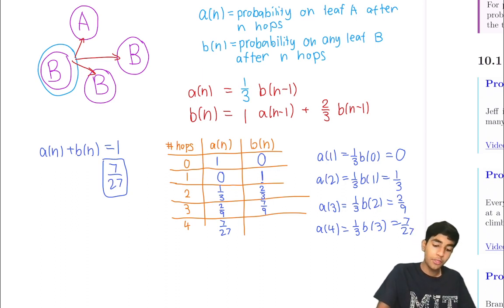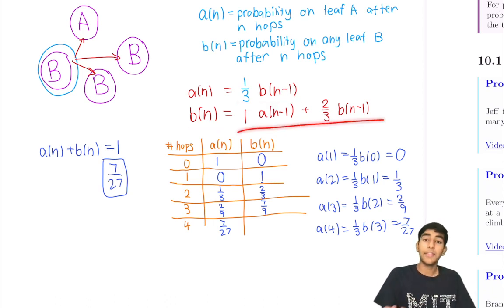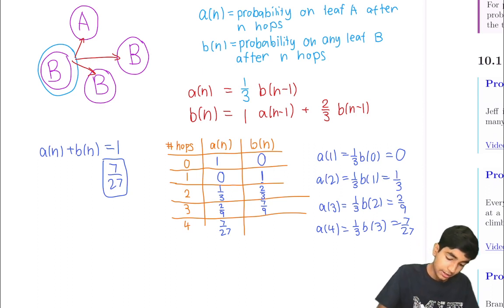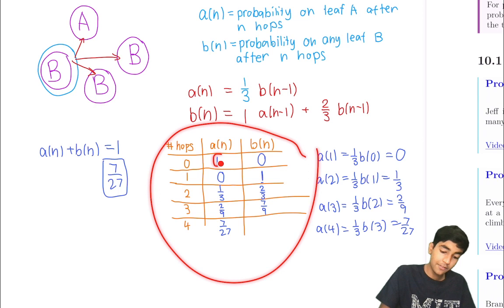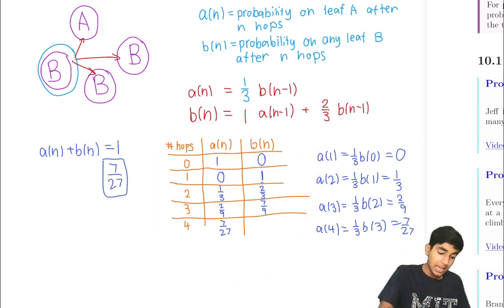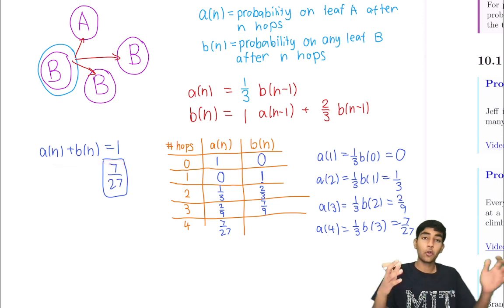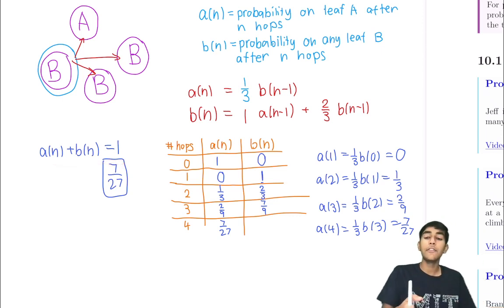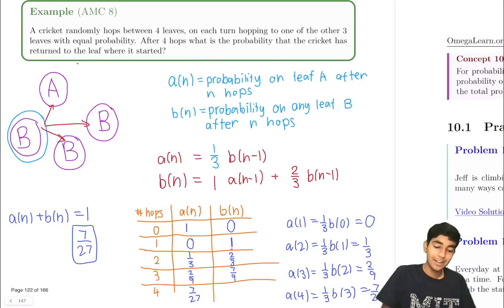And even then, there's a 1/3 chance. So we came up with this. And for B, we also came up with the recursion by similar methods, but we didn't end up using it. And then we constructed a table and just plugged in the values and iteratively calculated them, and we kept in mind that A of n plus B of n is 1. The total probability of being on any leaf after n hops is just 1. And that's how we got our answer.